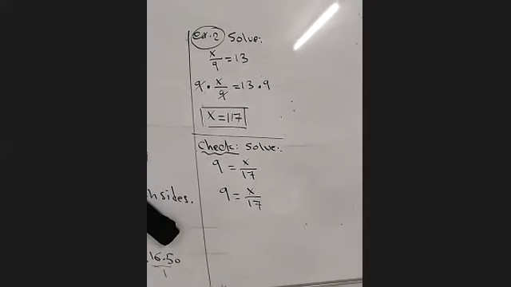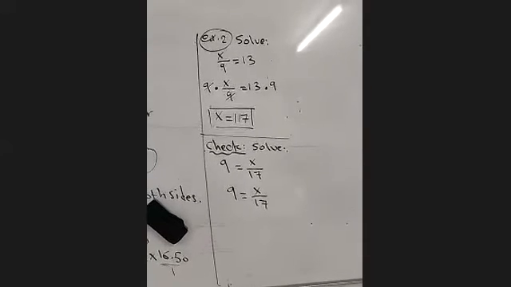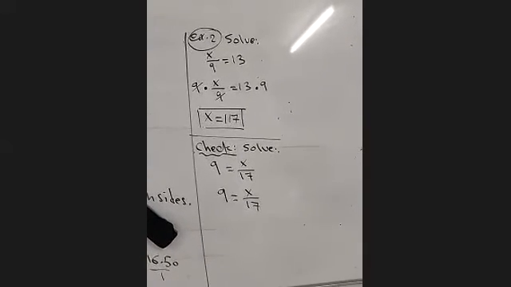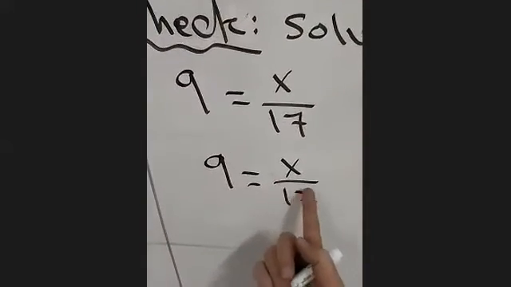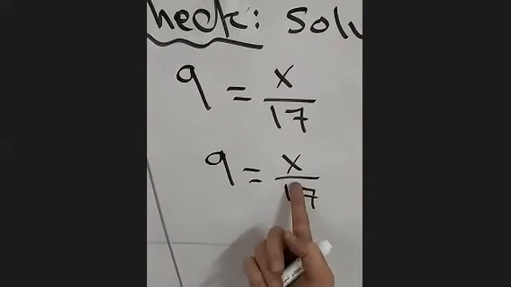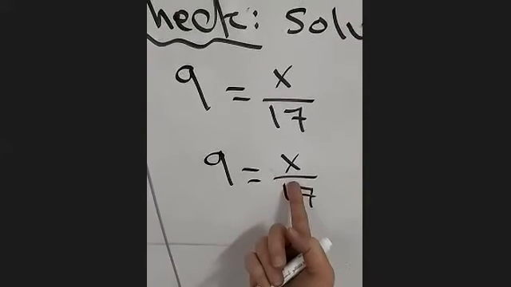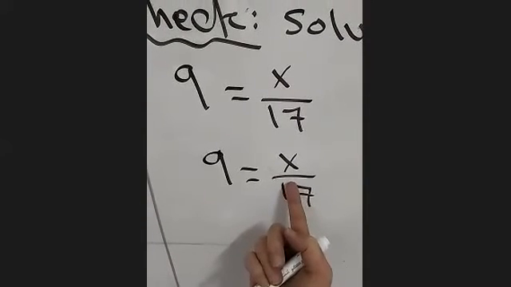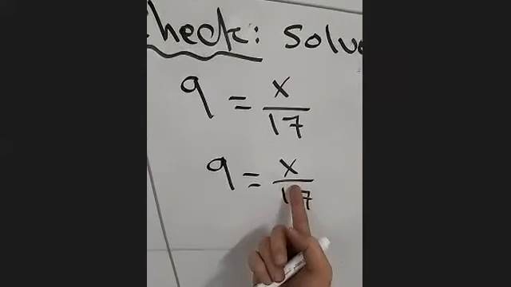Divide 17, divide 17. What do we have here, what's this? This line means what? Is this line addition?